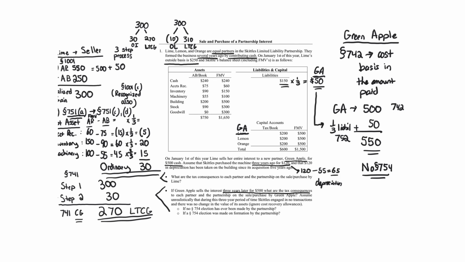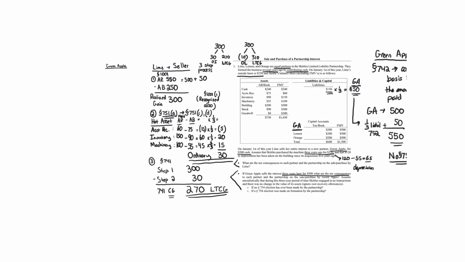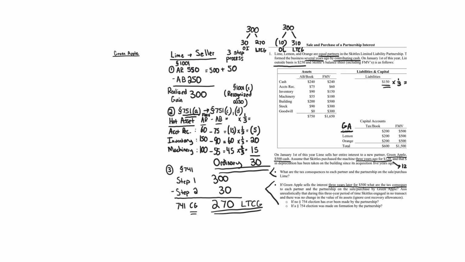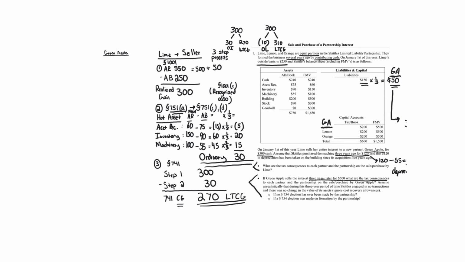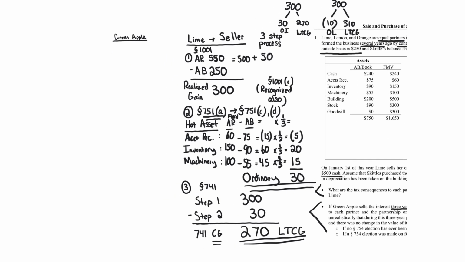So first, we're going to start by saying if there's no 754 election in place made by the partnership. And by the way, the partnership is the one that makes the 754 election. Okay. So now Green Apple is selling his or her interest for $500. Well, guess what? We do the same 3-step process we do with Lime.